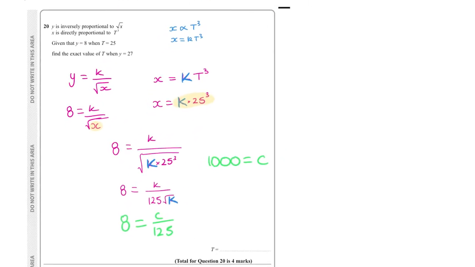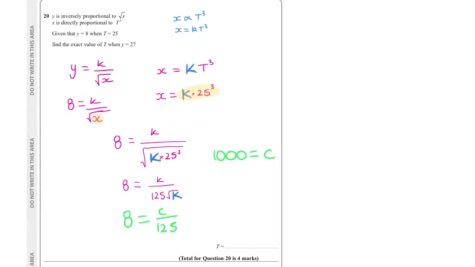So what we're saying now is, find the exact value of t when y is 27. If we want to find t when y is 27, what do we know? We know that y equals our constant over the square root of t cubed.